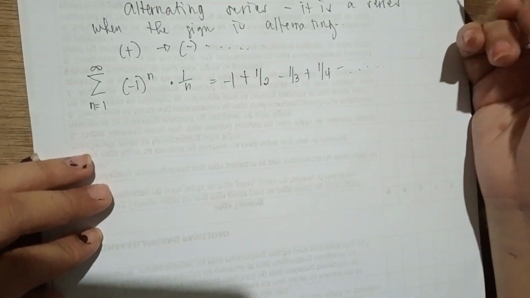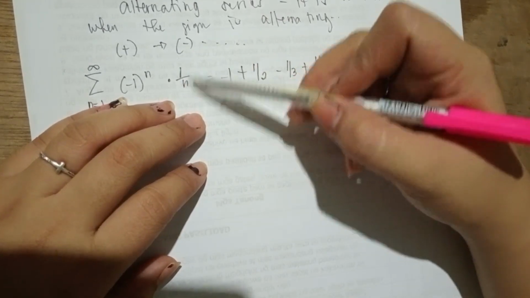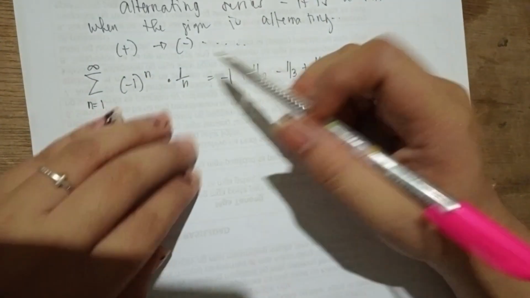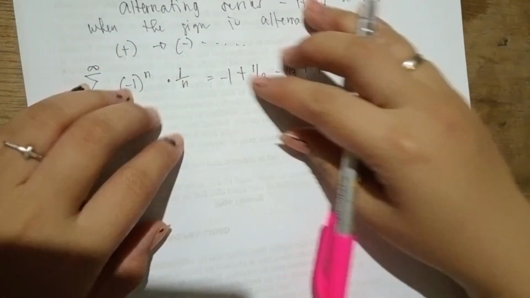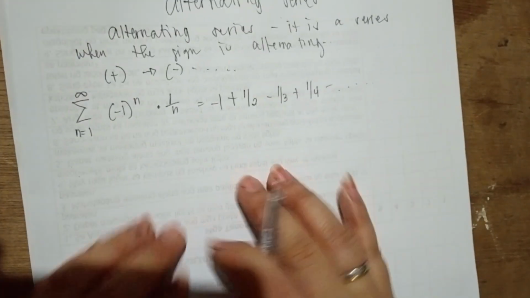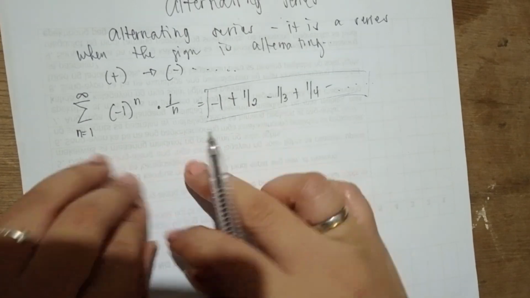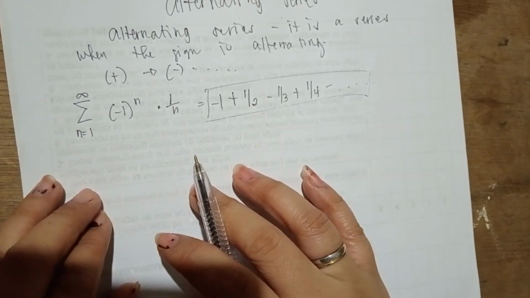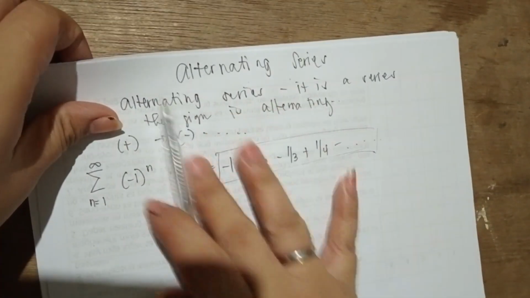Then, 1 over n is the harmonic series, so ibig sabihin, it is divergence. But because the sign ng series natin is alternating, aalamin natin if convergence ba siya or divergence. So, i-apply natin yung ating topic na alternating series test.